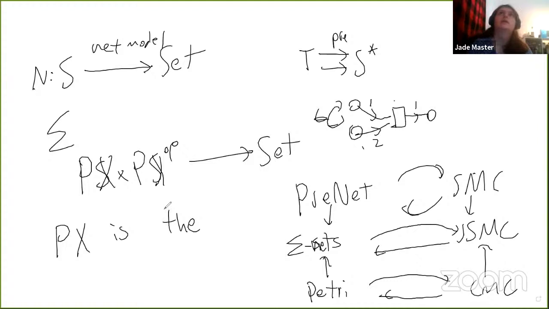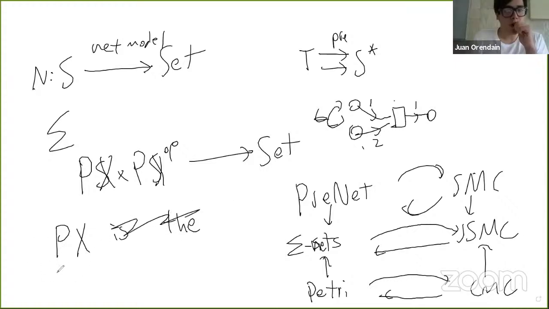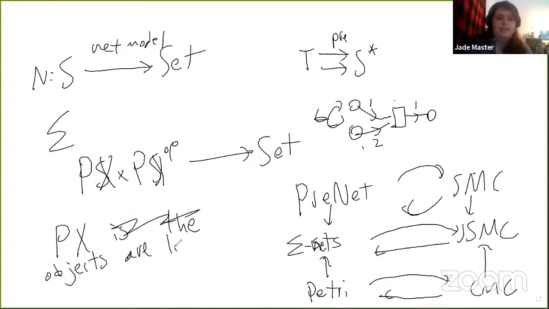So the objects are lists in X, and the morphisms are all possible symmetries.